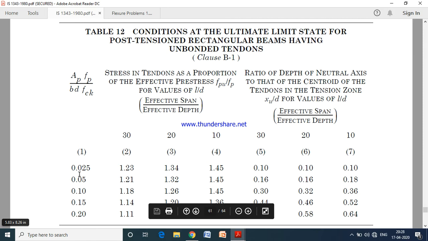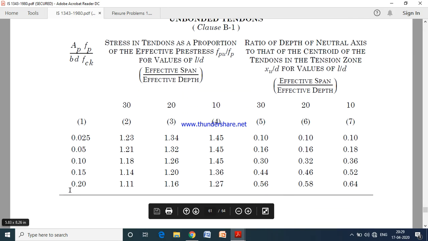So it is 0.2, right? So 0.2 and L by D ratio 20, the fpu by fp value will be 1.16. In the same way for the xu by d ratio, for the Ap fp by b d fck value of 0.2 and the respective L by D ratio 20, it is 0.58.